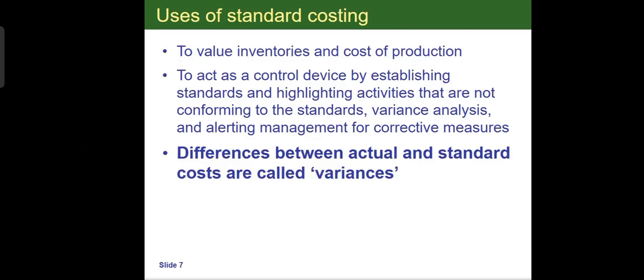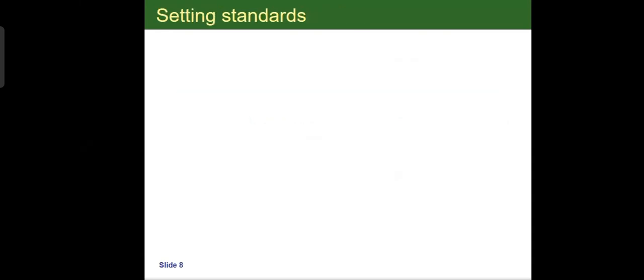Or did we purchase material at a higher price, material price variance? Did we pay more money to our labor, which means labor rate variance? Or did our people work very slow, labor efficiency variance? And similarly, you have variable overhead variances and fixed overhead variances. So we need to find out where this 3,000 loss came from. And that topic is called variance analysis.